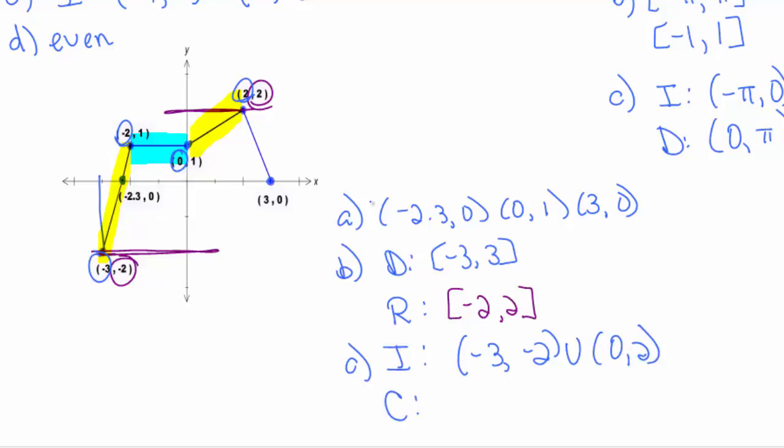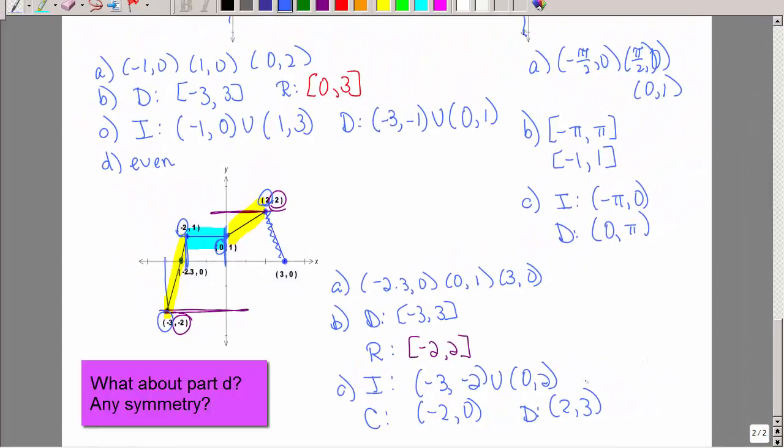It's constant on this part, which would be from negative 2 to 0. And it is decreasing just here from 2 to 3. So just looking at a graph, answering some questions.